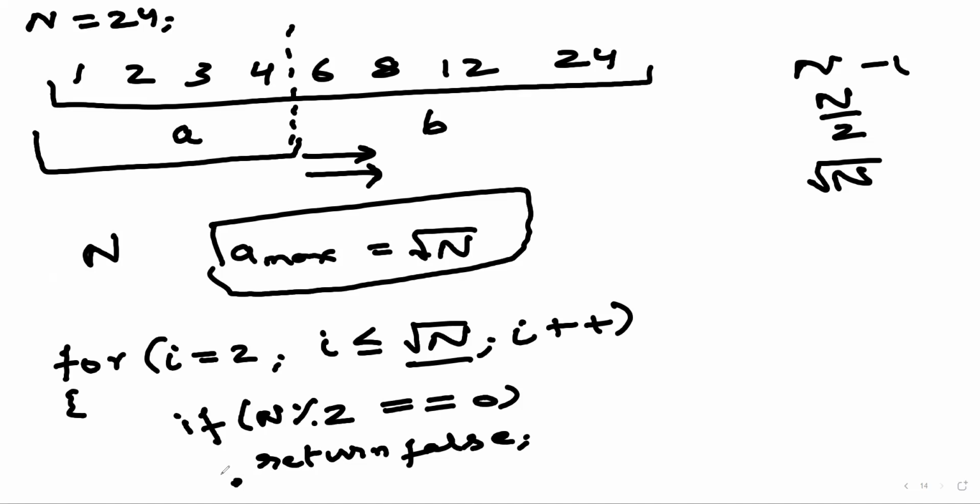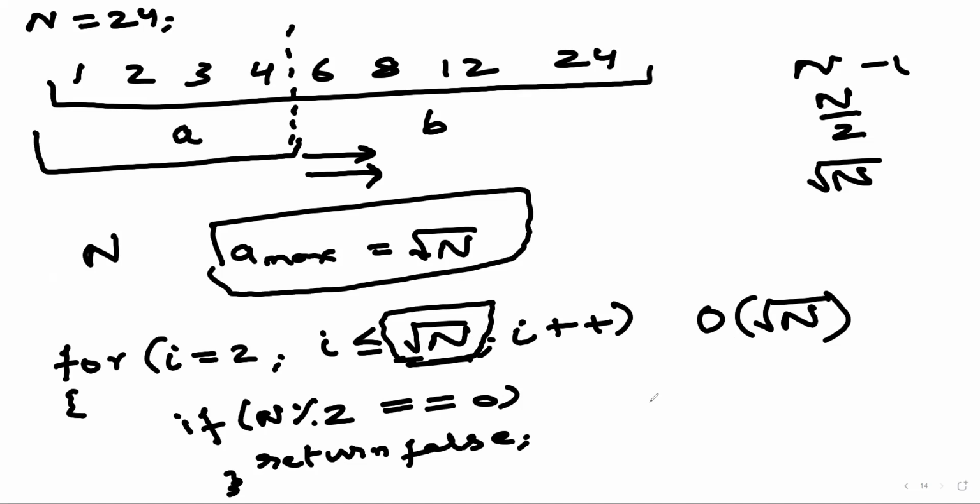So nothing has changed in the entire code except this one value. And now the time complexity is of order of under root n.